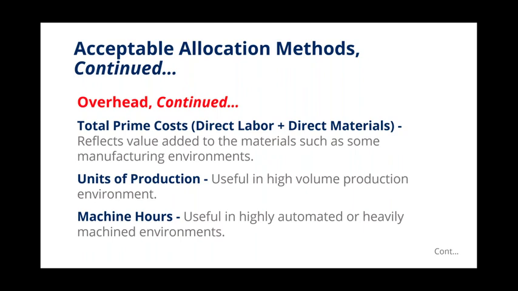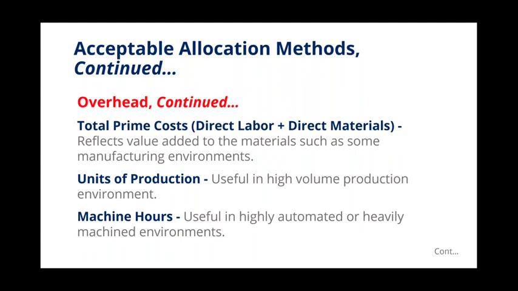The units of production method is helpful in a high volume production environment. Think about a situation where you've got machines that are able to spit out hundreds or thousands of widgets in an hour. And I can take costs because I know how many widgets I'm making or plan to make, right? And I can calculate my pool, identify those widgets, identify the costs associated with those widgets, and allocate it out that way.